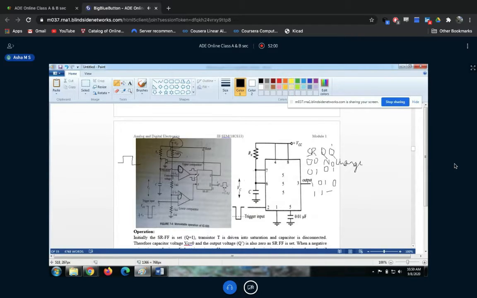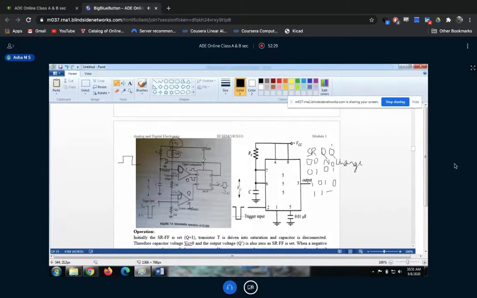Here also the same thing, if this is greater, then it will be 0, because here the input is applied to the inverting terminal. Don't worry too much about those things now. Just understand that the output will be either 1 or 0, depending on the input. That's enough for the time being.